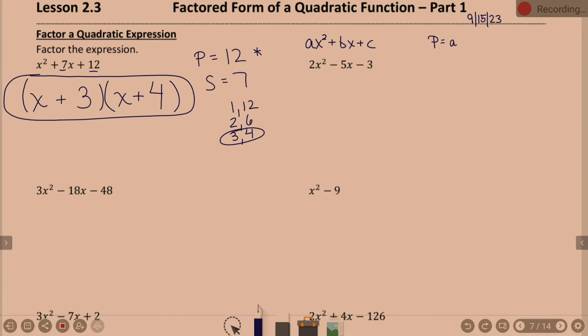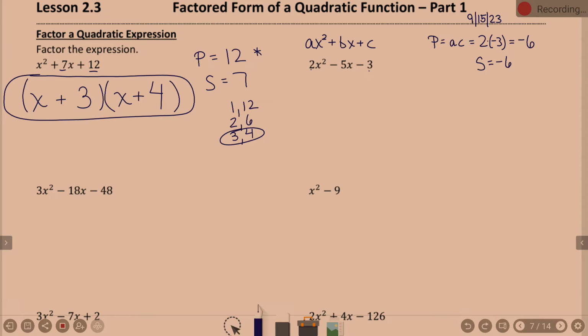What are my A and C values in this problem? 2 and negative 3. And what is 2 times negative 3? Negative 6. So I need two numbers that give me a product of negative 6. And they also need to give me a sum of still my B value.